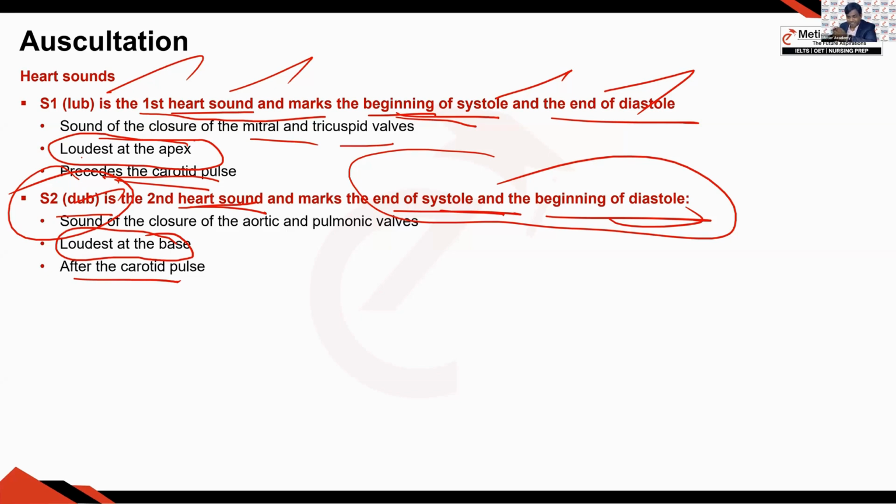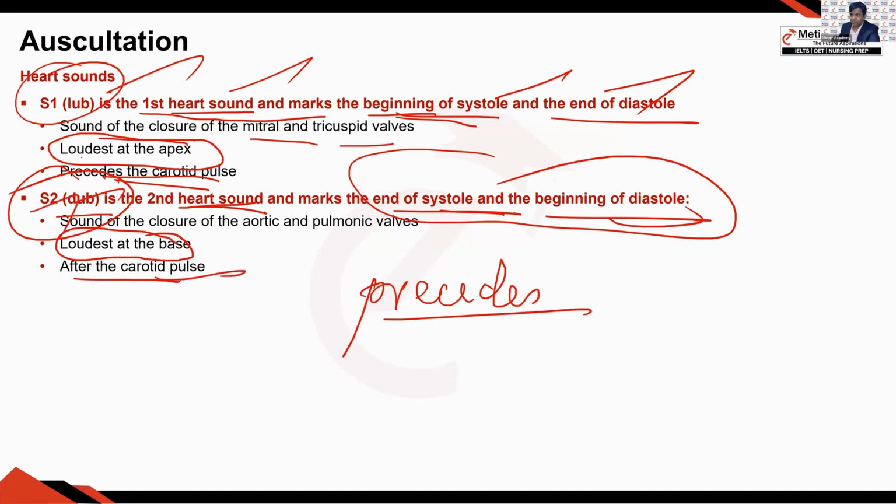So you know which number comes. The carotid pulse is preceded by, that is, just before the carotid pulse you have the S1 sound. After the carotid pulse, you have the S2 sound.